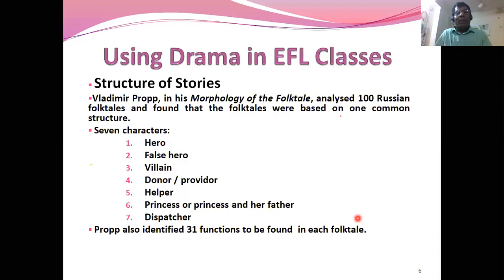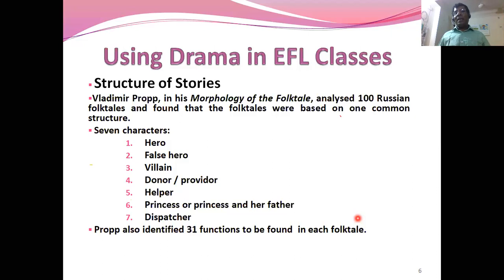Vladimir Propp, in his Morphology of the Folktale, analyzed 100 Russian folktales and found that the folktales were based on one common structure. The interesting thing is that he was Russian. He went to a particular region, heard their folktales, analyzed them, and found that all these folktales have only one structure.